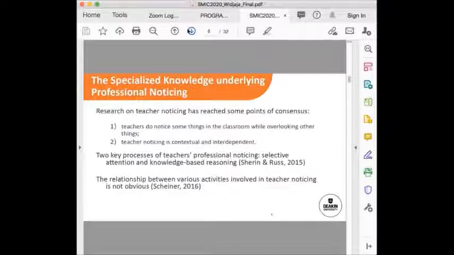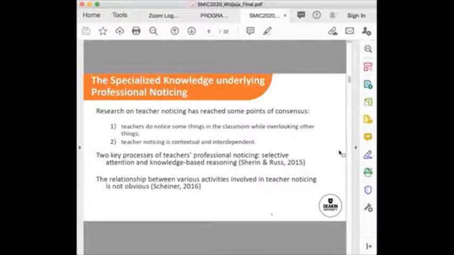And it is contextual and interdependent, so it really depends on the classroom context, the lesson on the day, and other factors. The two key processes in teachers' professional noticing that have been identified by Sherin and Russ are selective attention and knowledge-based reasoning.